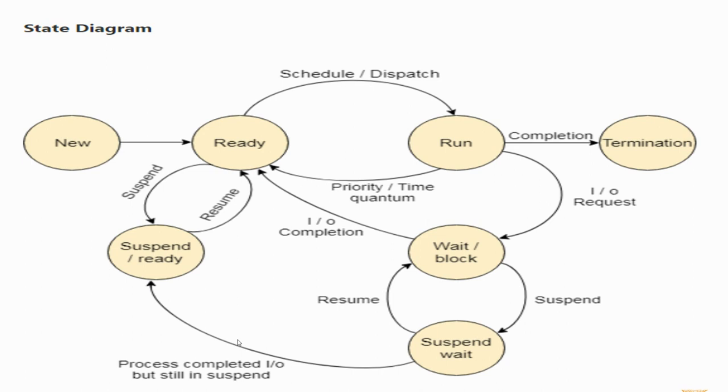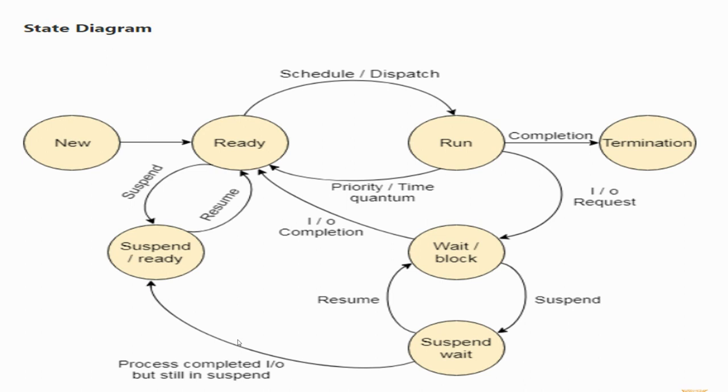Now, in between, let us take for example, I have three processes P1, P2, P3. The three processes have moved to the ready state and they are waiting for a chance to work with the CPU. Meanwhile, another process may enter, called P4, which may have a higher priority than all the other processes that are already waiting in the ready state.